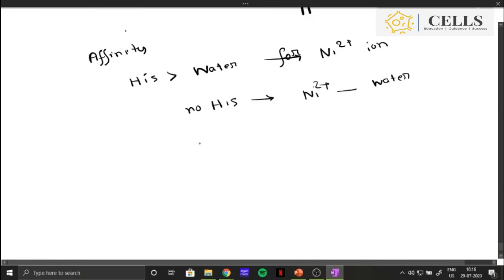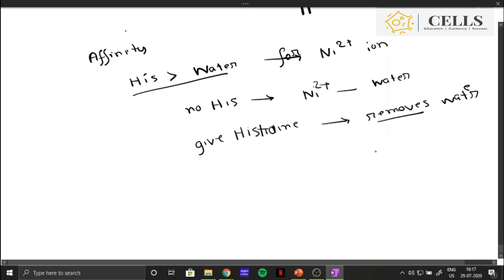When you give histidine, it removes water, because it has greater affinity towards nickel than water. Then it binds to nickel. So that answers your question.